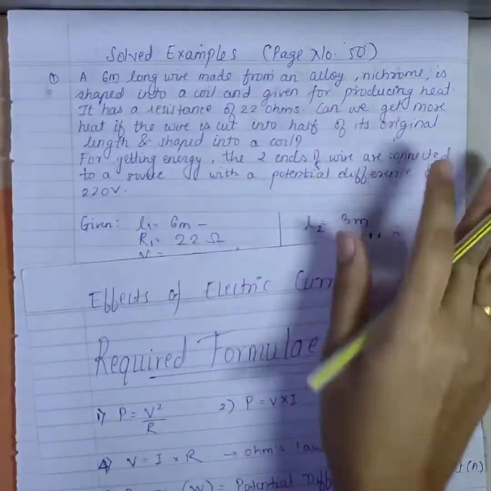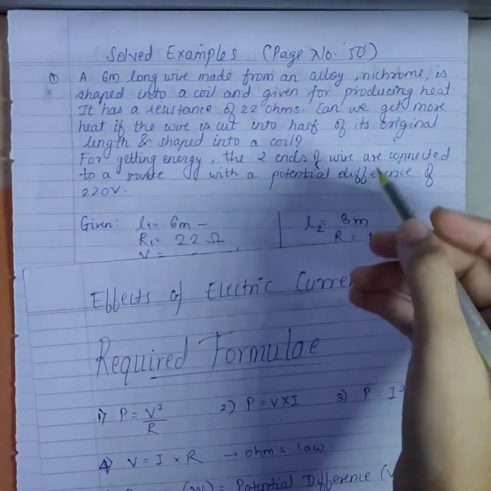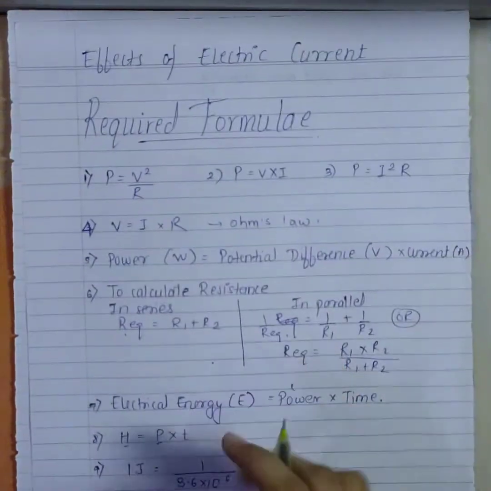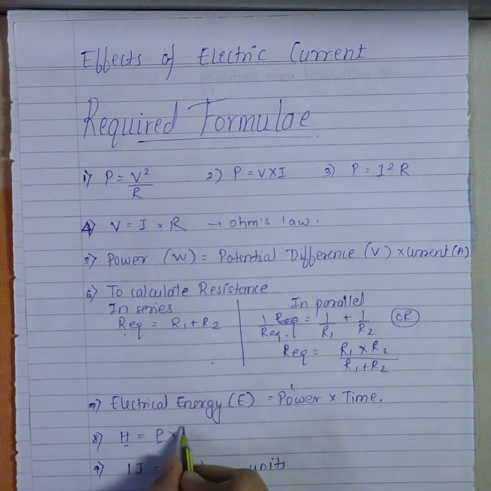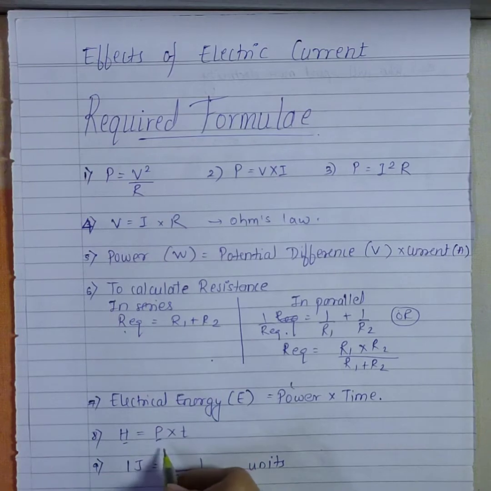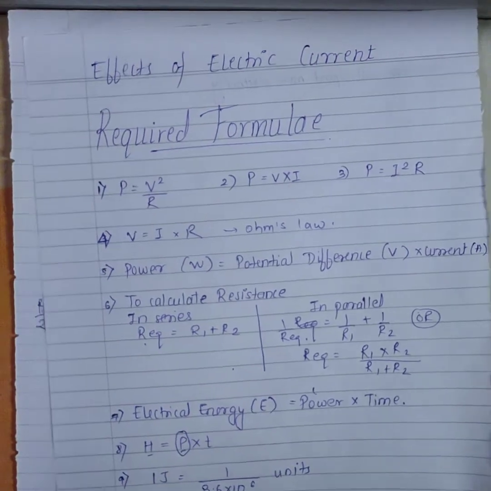No. There is nothing given in your sum which gives you the time required. So can I use this formula to calculate heat here? No. If they haven't given me the time, what do I have to calculate then? I have to calculate the power instead of heat.